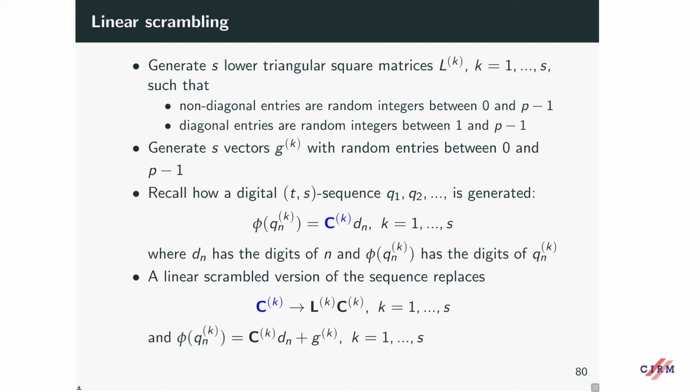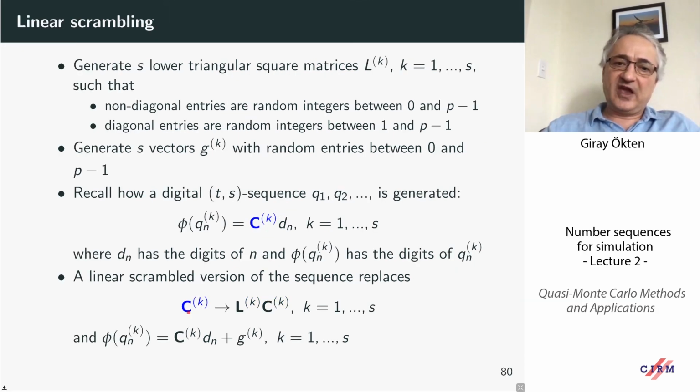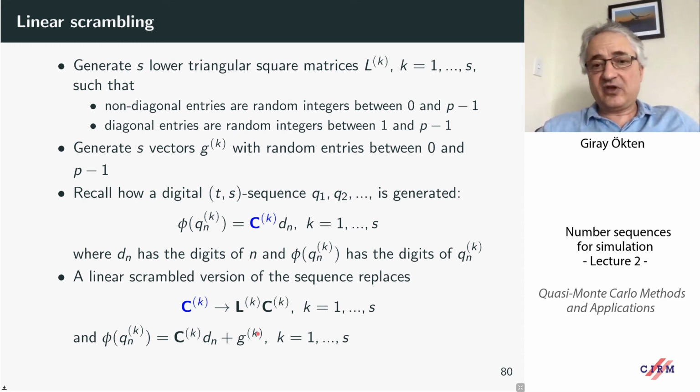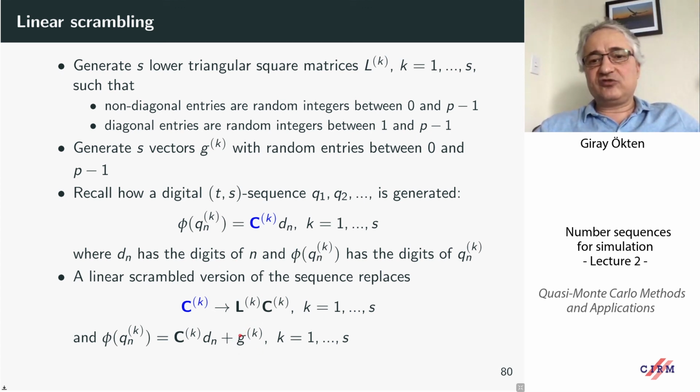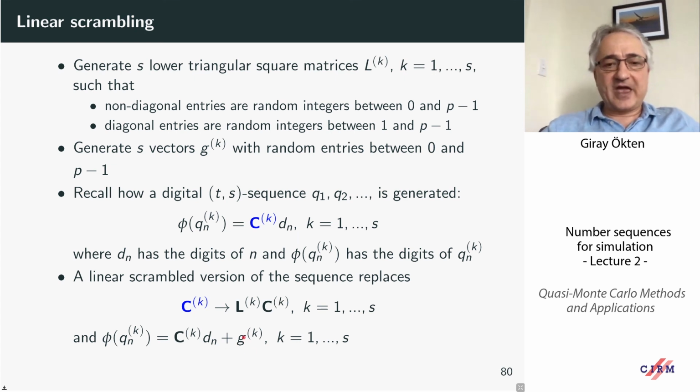We are going to update this definition and replace the generator matrix C^k by L^k multiplied by the original C^k. And also we are going to add a shift to the operation. So that shift g superscript k wasn't here in the original definition of a digital sequence. So that's added there.